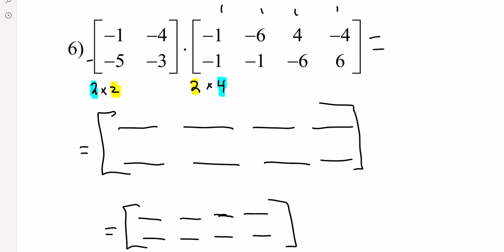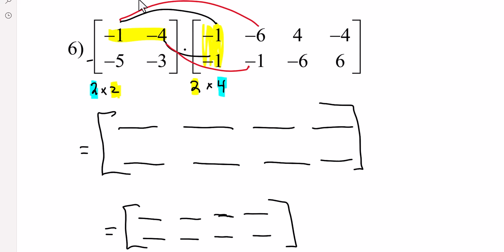Okay, so we're going to do the same thing that we did before, but it's just going to be more of them, right? So we start up here, and we're going to repeat this with all 4 columns. -1 times -1, so those two, and then those two.